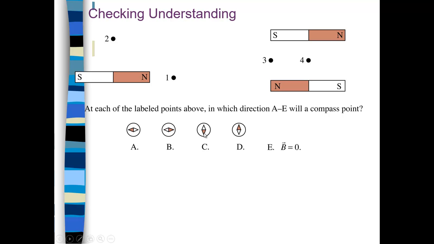I don't see anything that would be C, but I do see something that would be D, which is here. And D, you would have the south oriented towards the north and the north oriented towards the south. And then for E, where you would have a magnetic field of 0, that would be 0.4, because your magnetic strengths would balance out, each of these north, each of these south, so those would cancel out. So we're always influenced by magnetic fields.